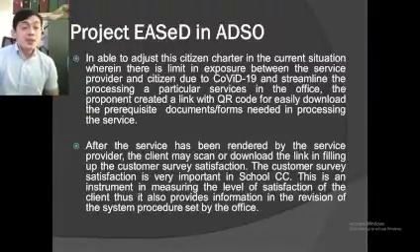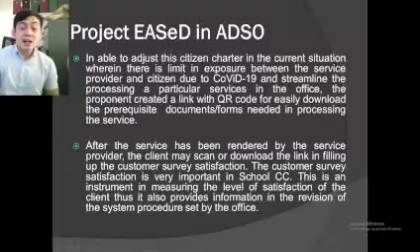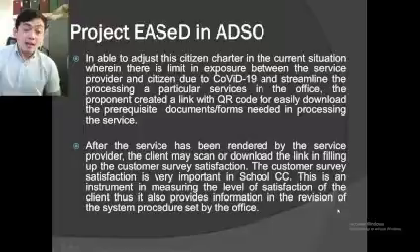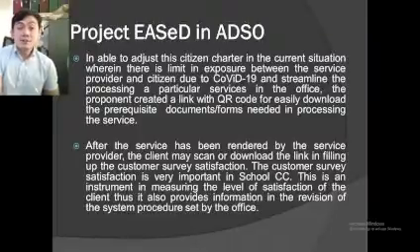The proponent created a link with a QR code to easily download the prerequisite document forms needed in processing the service. After the service has been rendered by the service provider, the client may scan or download the link to fill up the customer service satisfaction form. Customer service satisfaction is very important in the school CC. This is an instrument in measuring the level of satisfaction of the client. Thus, it provides information for the revision of the system procedures set by the office.